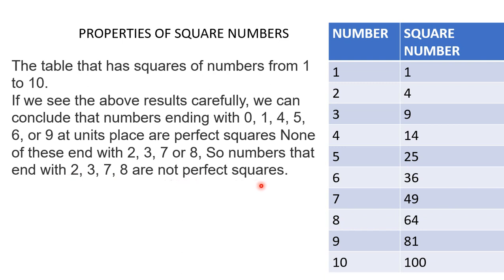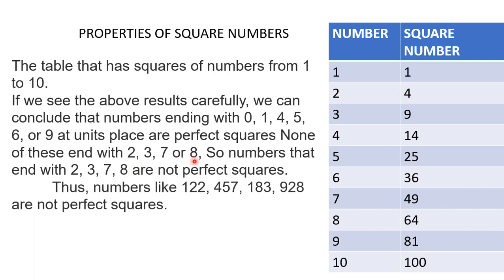Remember the digits 0, 1, 4, 5, 6 or 9. If the number has 0, 1, 4, 5, 6 or 9 in its unit place, then the number can be a perfect square. And the remaining digits are 2, 3, 7 and 8, so they are not perfect square numbers. When the number ends with the digits 2, 3, 7 and 8, it is not a perfect square.